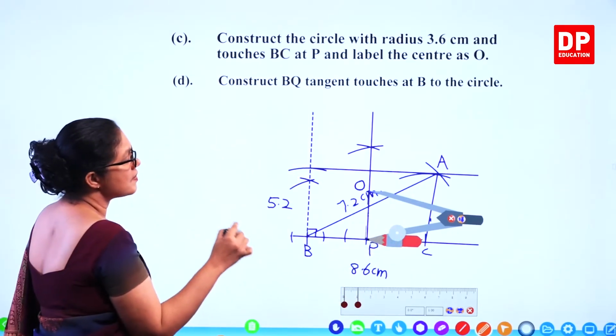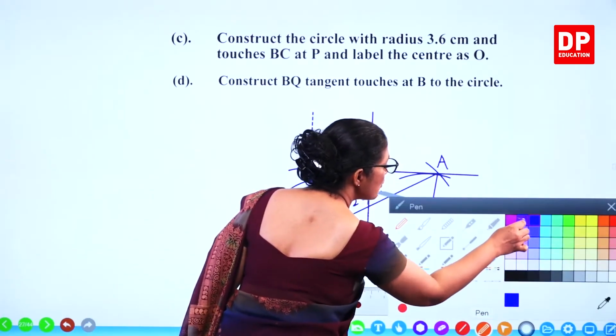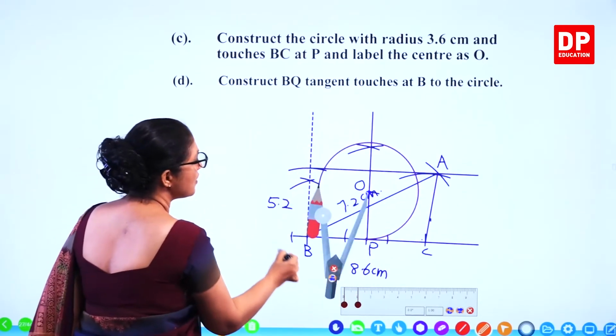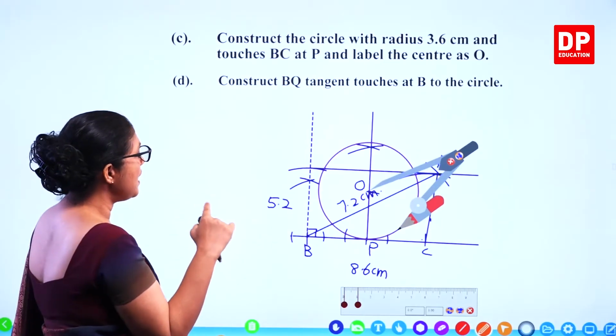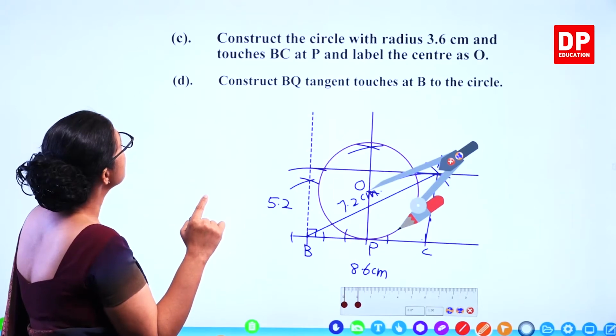So this distance is the radius. I'll take a different color to draw the circle. And we can draw the circle that touches the BC line at P, and the radius is 3.6 centimeters.